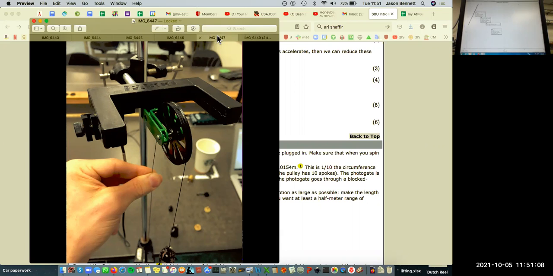I'm going to get rid of all these linear fits because they're from previous runs. Then I'm going to set it up. The strings continuously get tangled in each other. There we go. Put the heavy mass up at the top.